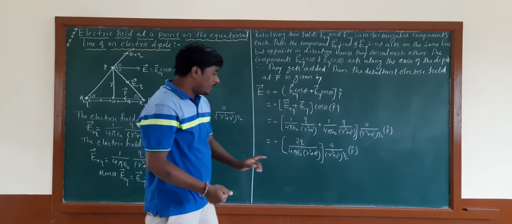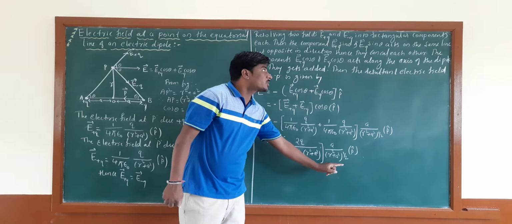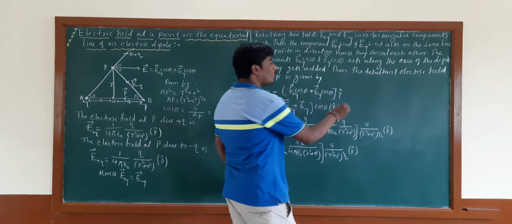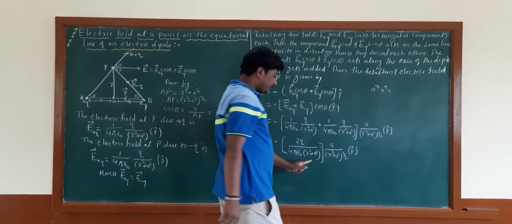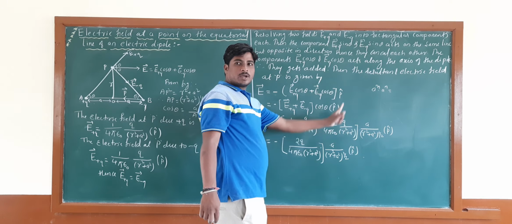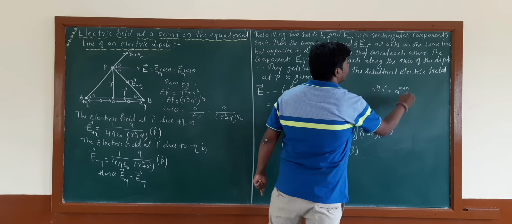Now look here. There is R square plus A square into R square plus A square raised to 1 by 2. It is in the form of A raised to m into A raised to n, right? This is nothing but A raised to m plus n.